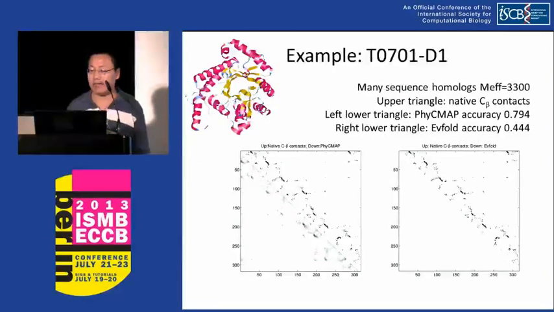And here is another example. For this large protein, we have more than 3,000 non-redundant sequence homologs. But even though there are so many sequence homologs, the right figure shows the UV-fold prediction accuracy is not very good. But our method can generate pretty reasonable prediction accuracy.